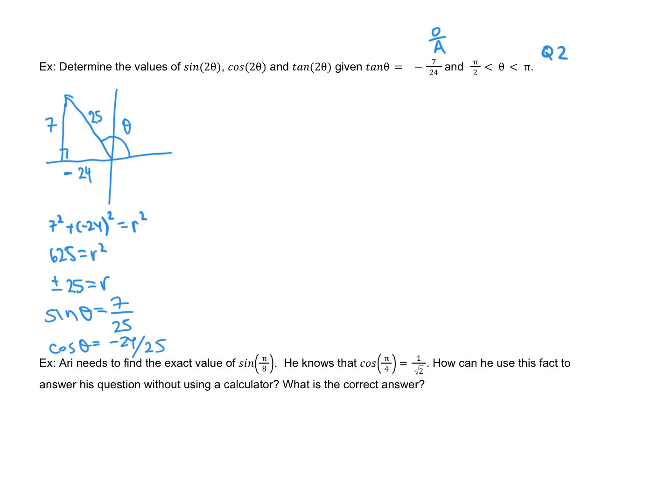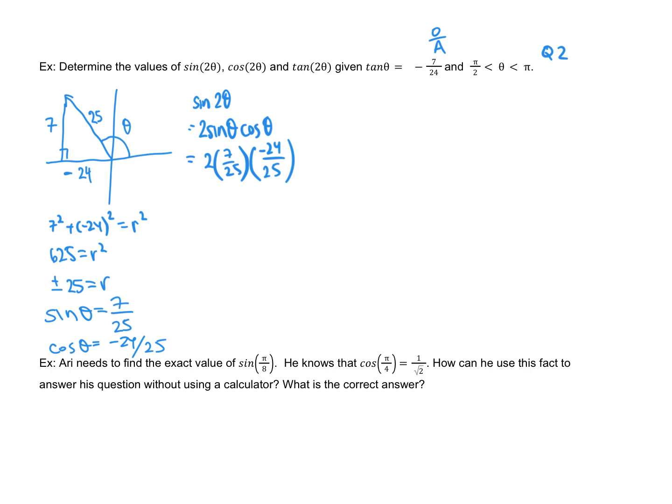Now I'm ready to go with each of the double angle formulas.